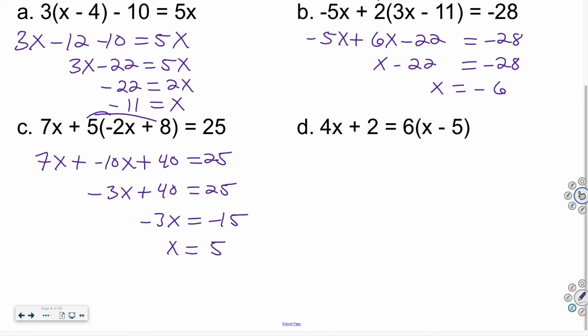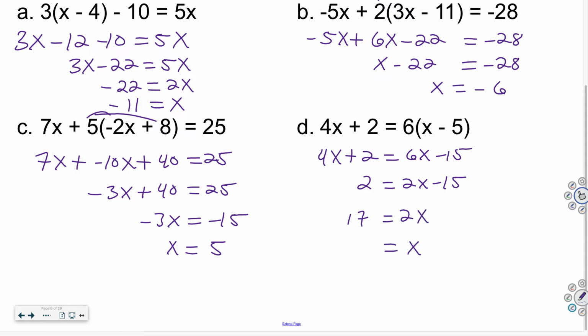We divide by negative 3. X equals 5. Okay, here we need to distribute the 6. 4x plus 2 is equal to 6x minus 15. Okay, subtract 4x from both sides. 2 is equal to 2x minus 15. Add the 15 over. We get 17 is equal to 2x. Divided by 2, x is 8.5.